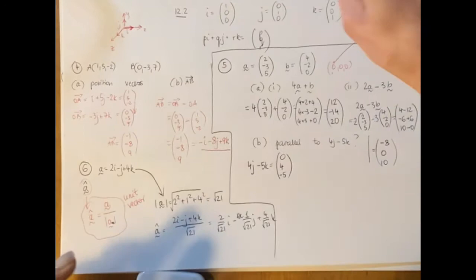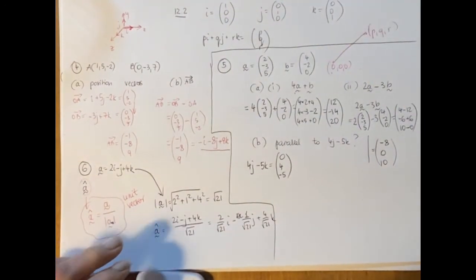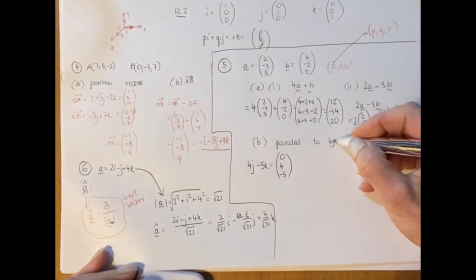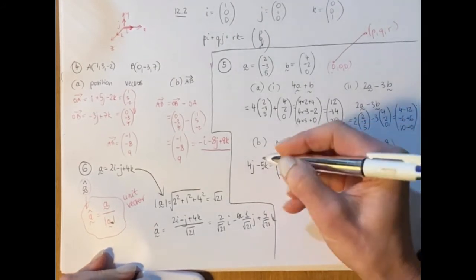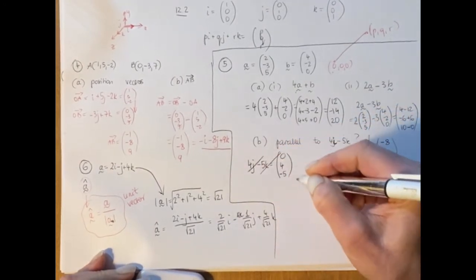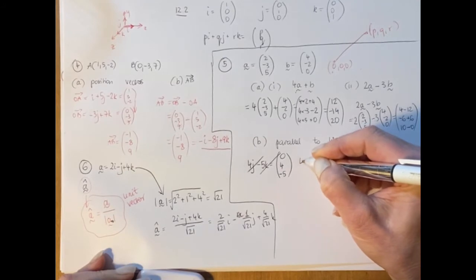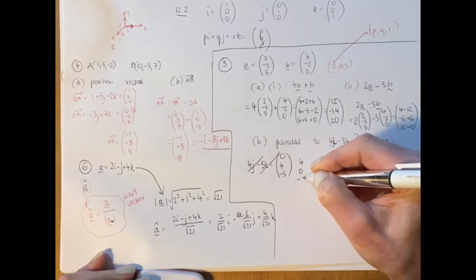Okay, I had to double check because it didn't make sense. I think I misread the question. It was 4i, which means that the vector we are dealing with is 4, 0, minus 5.